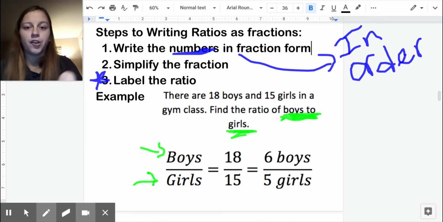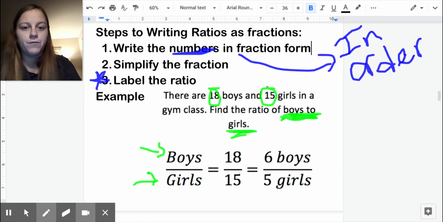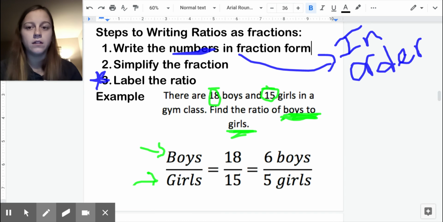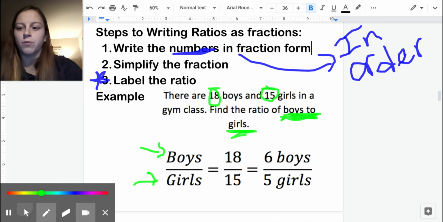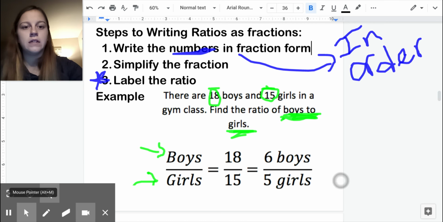So what I did is I took my numbers 18 and 15 and I wrote them into a fraction. Here, 18 over 15. Then step 2, I simplified down to 6 over 5. And then step 3, labeling, making sure you put on a label. Pause the video if you need more time to write this down.